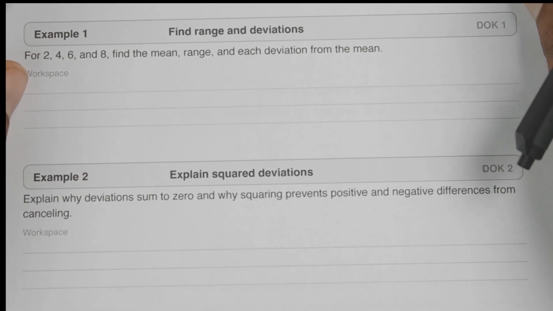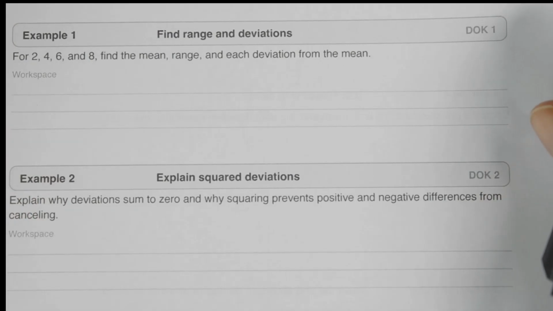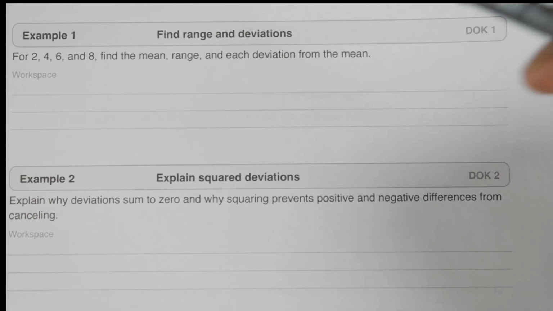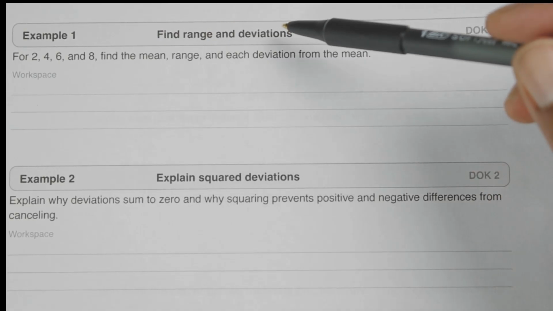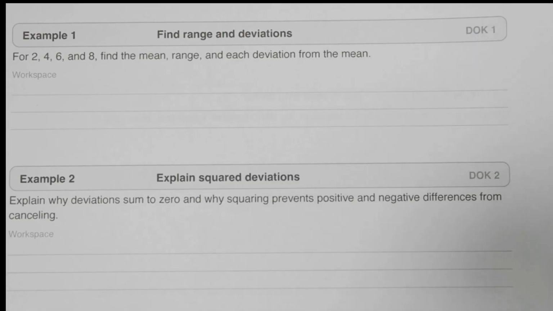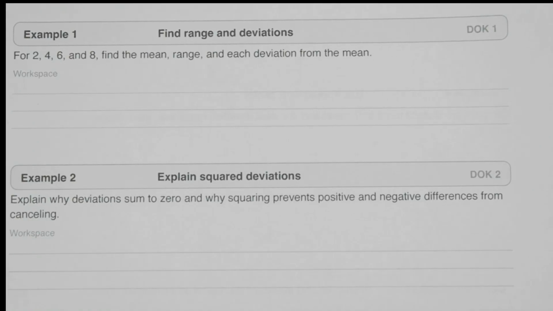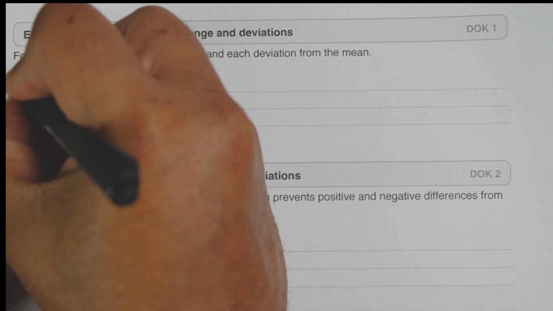And again, you can refer back to those terms that were visible because I'm going to be using them throughout. So example number one: mean, range, and each deviation from the mean. Find the range and the deviations. Let's consider 2, 4, 6, and 8. Let's find the mean first.